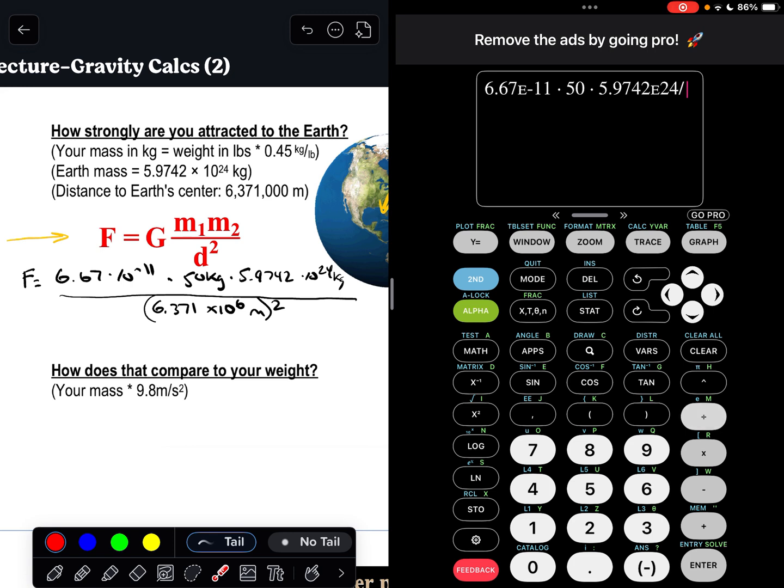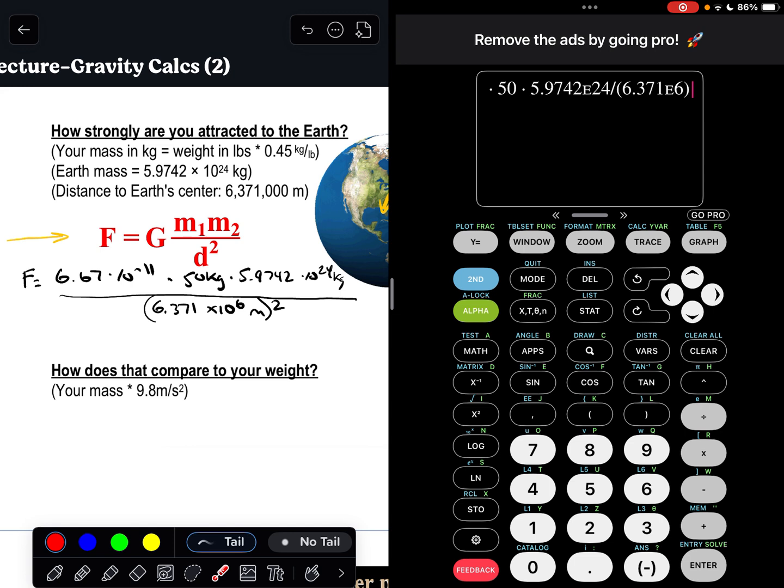And then we'll just hit divide. I'm going to put my radius of the Earth in parentheses, which is going to be 6.371 second EE 6. Close it, and then I'm going to square it. We can't forget to square the distance that goes in the denominator of our fraction.